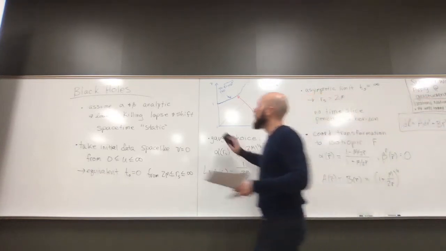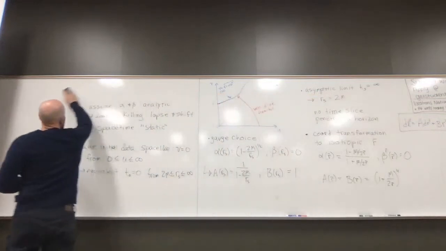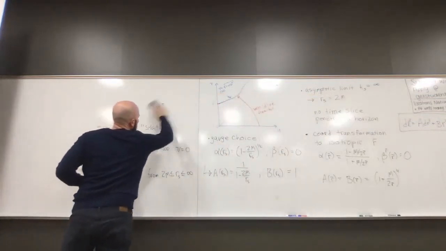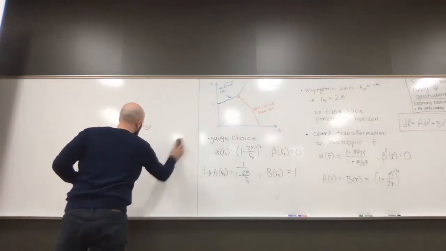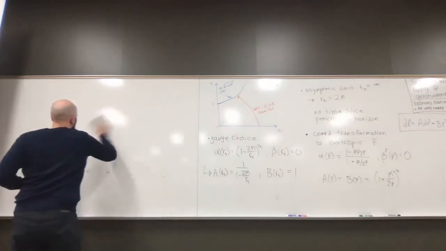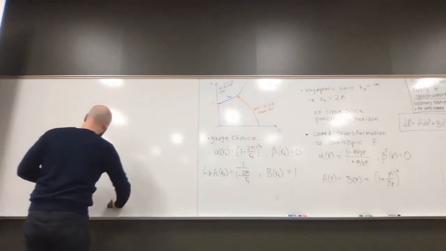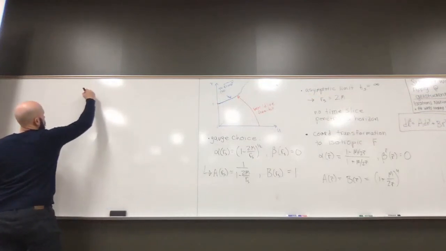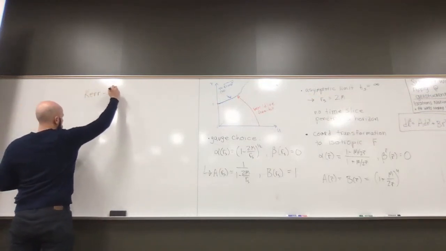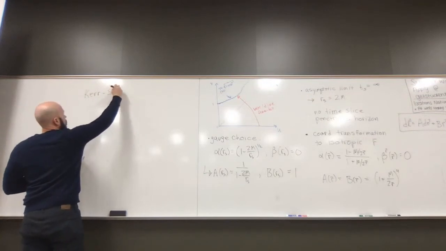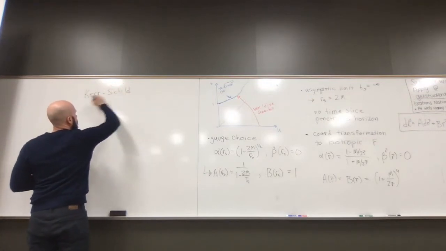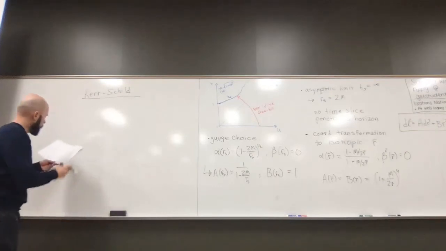Okay, but we can still change our coordinates to Kerr-Schild coordinates, where we can penetrate the horizon. And that's a common approach for dealing with black holes in spherical symmetry, to transform to Kerr-Schild coordinates.